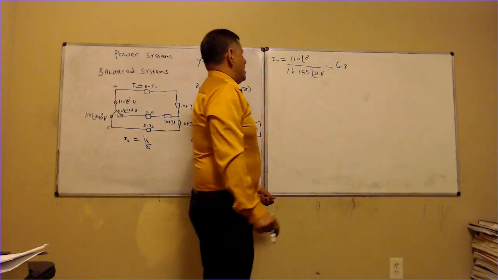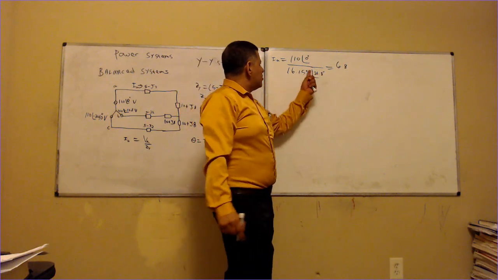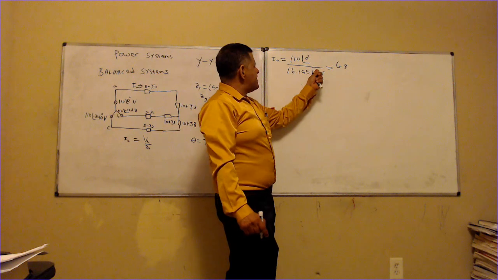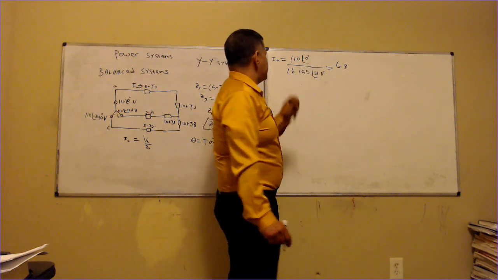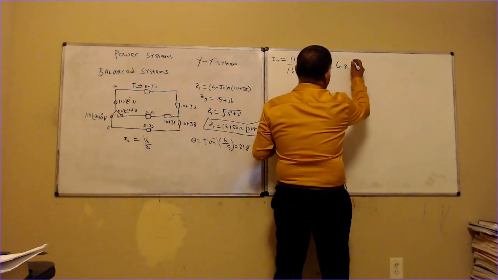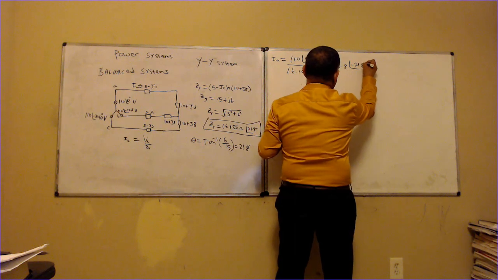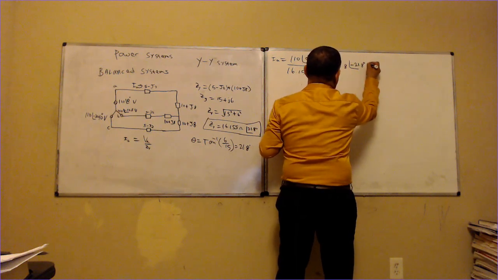Now, when I have the angles, I bring this out and I subtract it from this, right? If I subtract it from that, that means this current will be a negative 21.8 degrees. And that is amps, right?